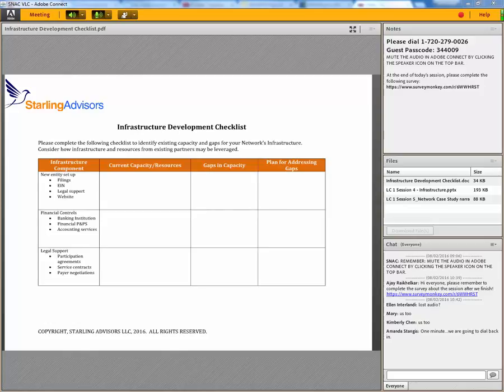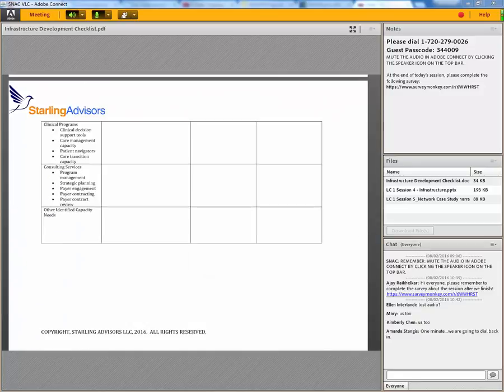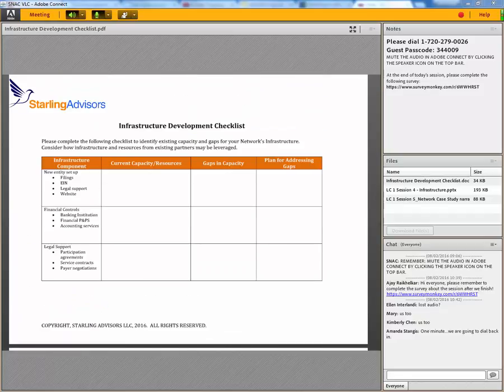What would be your gaps? And then how would you go about addressing those gaps? It's only 2.5 pages in length. We don't think it'll take you necessarily a lot of time, but we do think it will be a valuable exercise for you in terms of thinking through how the creation of a network might roll out in your particular case.